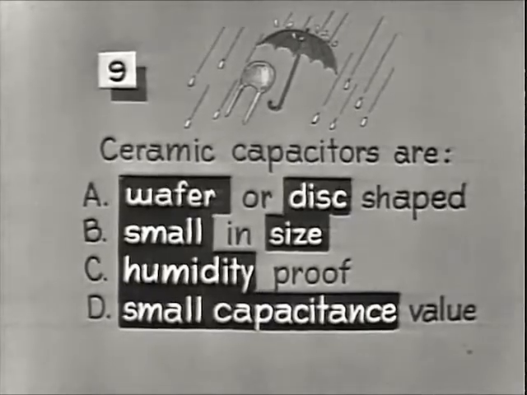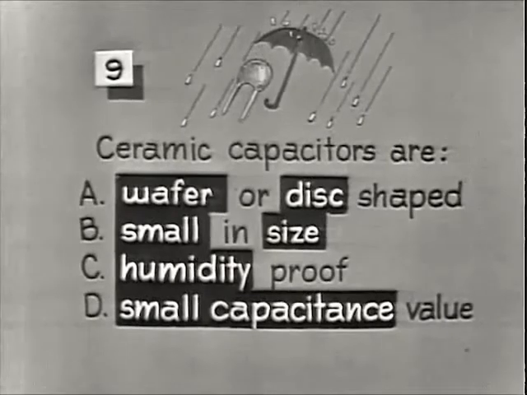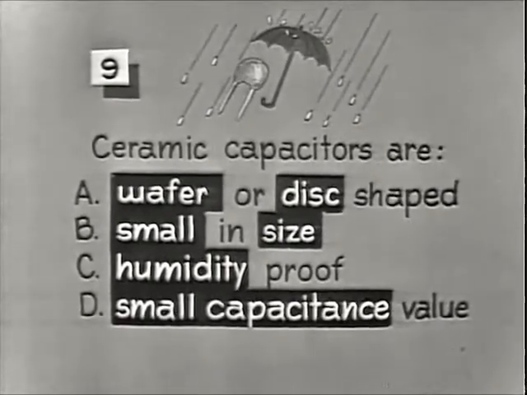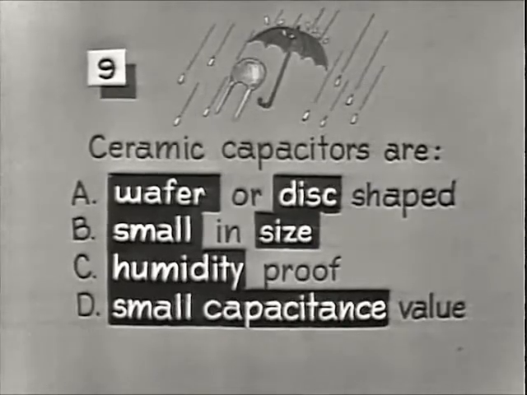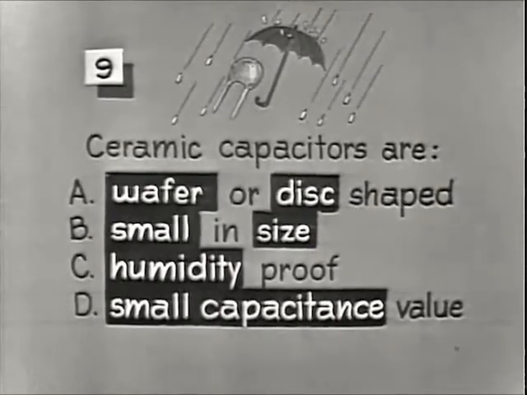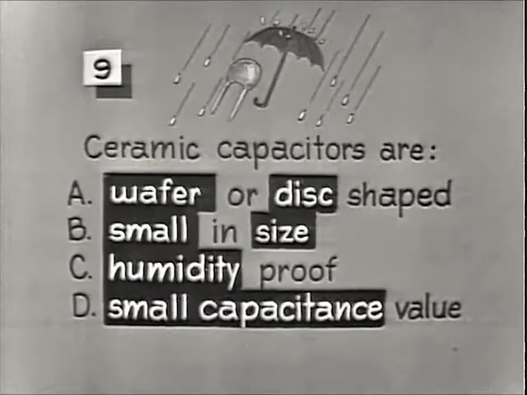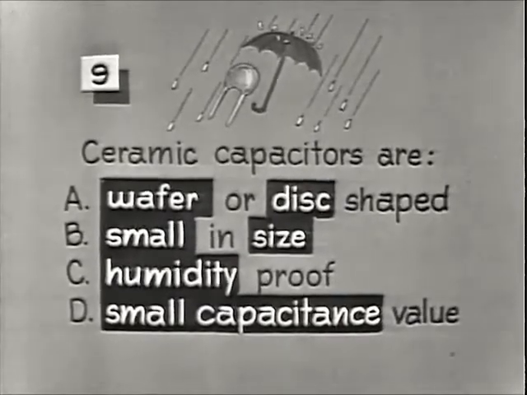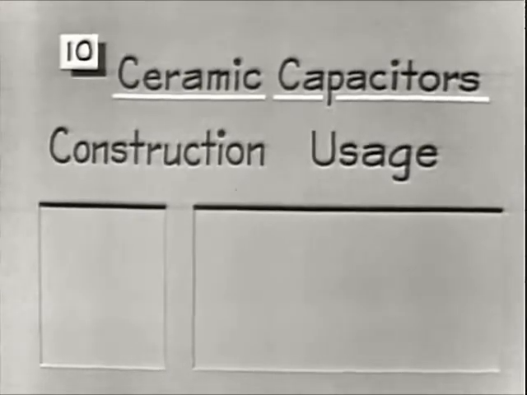The desired answer in this case is ceramic capacitors are wafer or disc-shaped, small in size, have small capacitance, and are humidity-proof. Any order is okay here. Now try number 10.